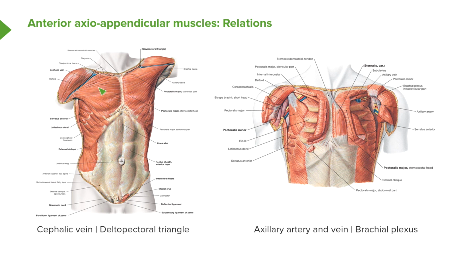So here we can see pectoralis major and we can see serratus anterior. If we reflect pectoralis major over here on this side of the screen, we can see here the reflected cut edge of pectoralis major. We can see its cut edge here as it's running down, attaching to the intertubercular sulcus. And we can see pectoralis minor.